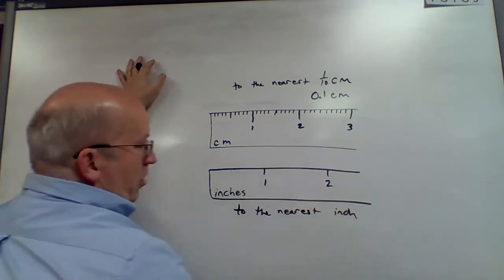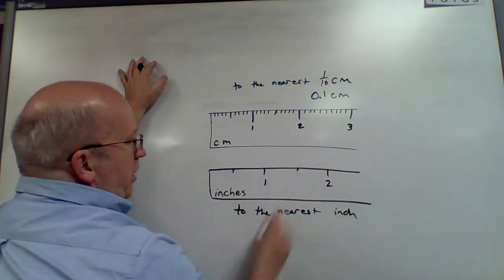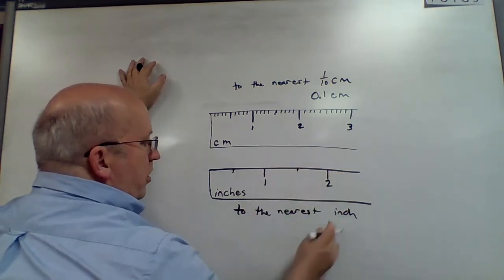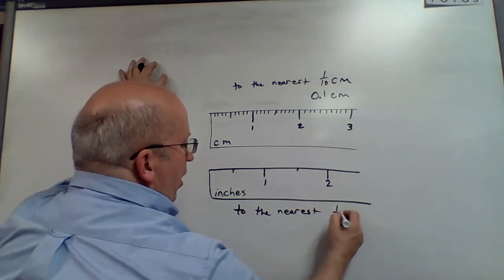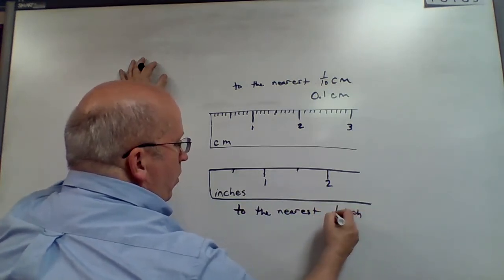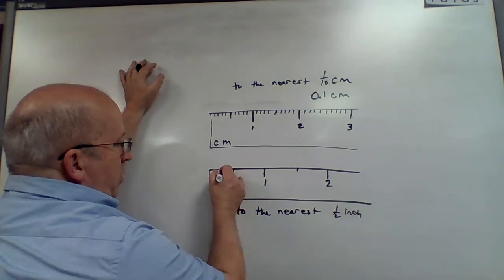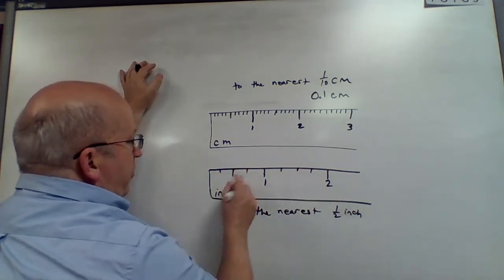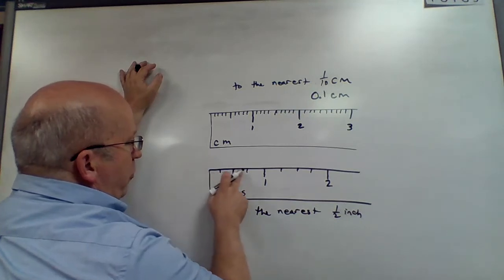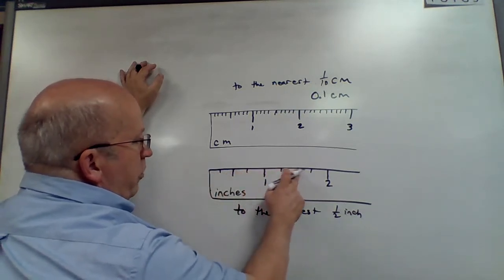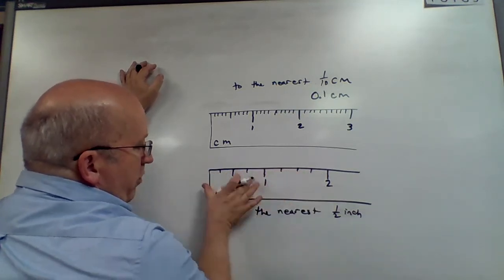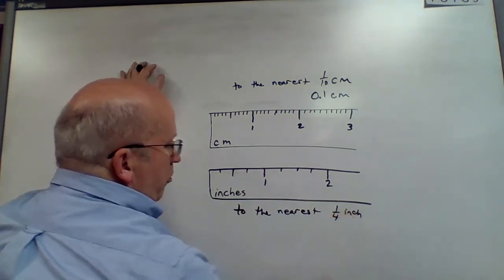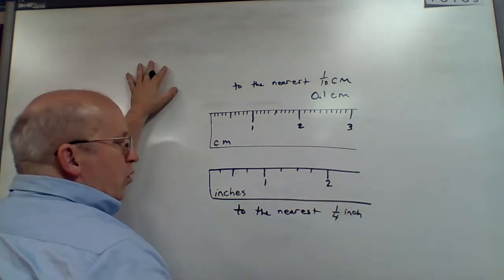But if I put a tick mark here and here, now I could say that it's precise to the nearest 1/2 of an inch, right? If I put tick marks here, here, here, and here, do you notice how I've divided the ruler into 1, 2, 3, 4, 1, 2, 3, 4 sections? Each one of these inches is now divided into fourths, and so I could say that the ruler is precise to the nearest 1/4 of an inch.